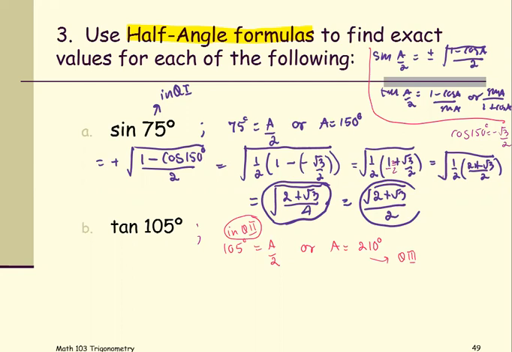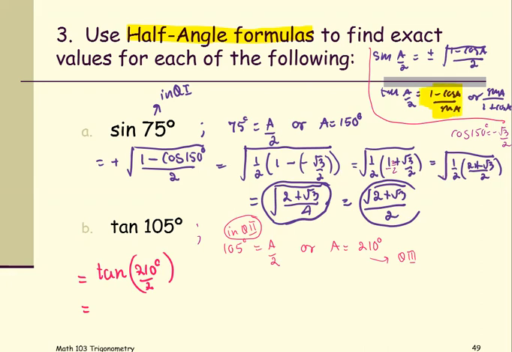I will write this as the tangent of 210 degrees divided by 2, and then use the formula. Let's pick one of them: 1 minus cosine A divided by sine A.